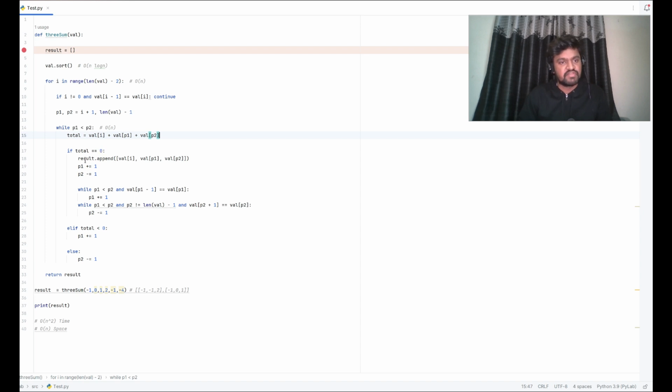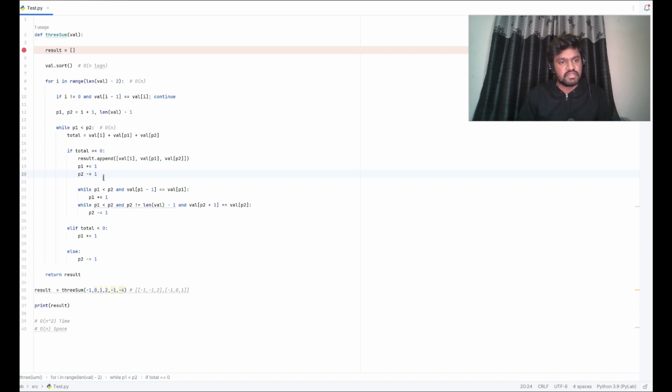If it is 0, then we append val i, val p1, val p2 to the result, and p1 is getting incremented and p2 is getting decremented, because p2 always starts at the last index, so we cannot go forward, we can only come backward.